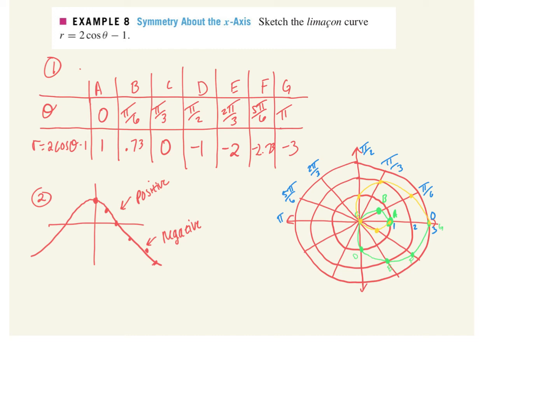At pi halves, is it -1 because it's 2 cos theta minus 1? Isn't that just 2 minus 1? Cosine, right? Oh, wait. Yeah, it should be 0. We're good, right? These points are all correct.